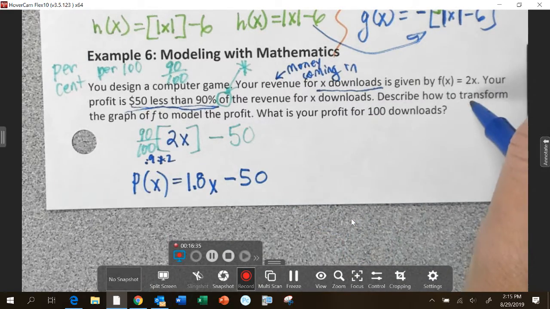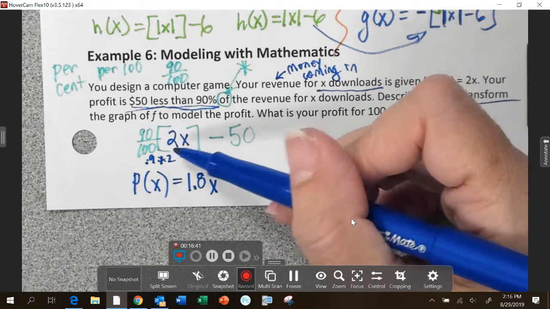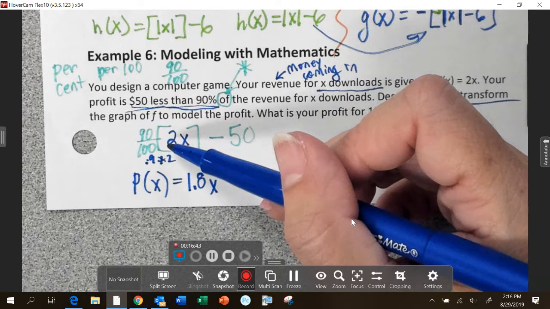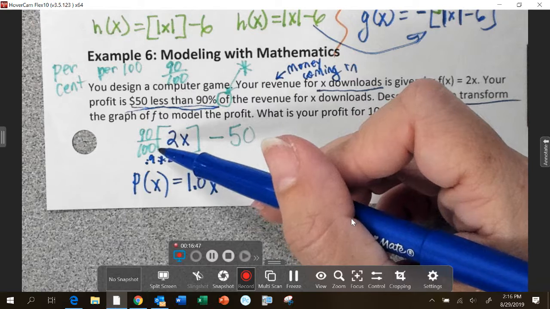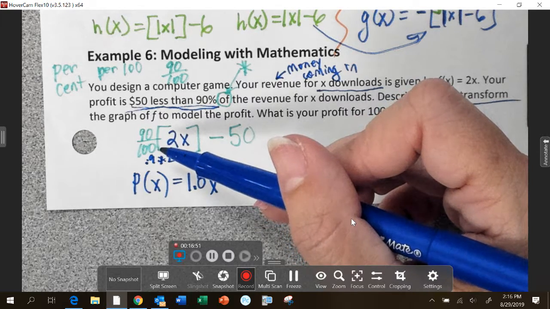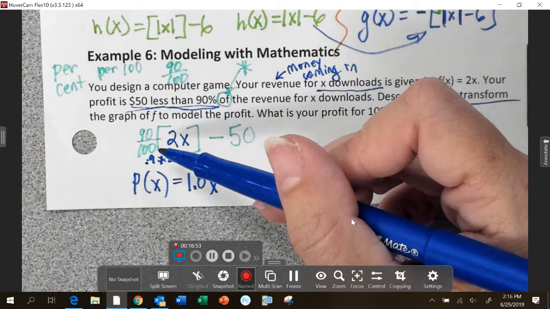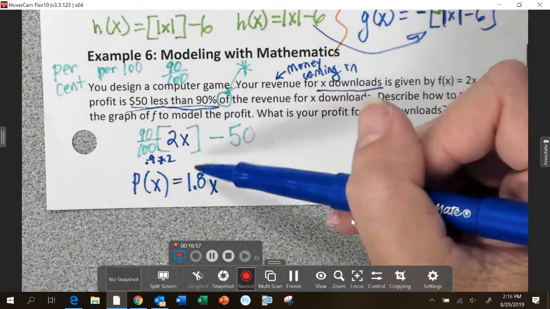What it says is, let's describe the transformations. So from 2x, what did we do first? We multiplied by 0.9. So what kind of transformation is that, that we've been learning about? It's a stretch. Did it get bigger? No. So it's not a stretch, it's a shrink.